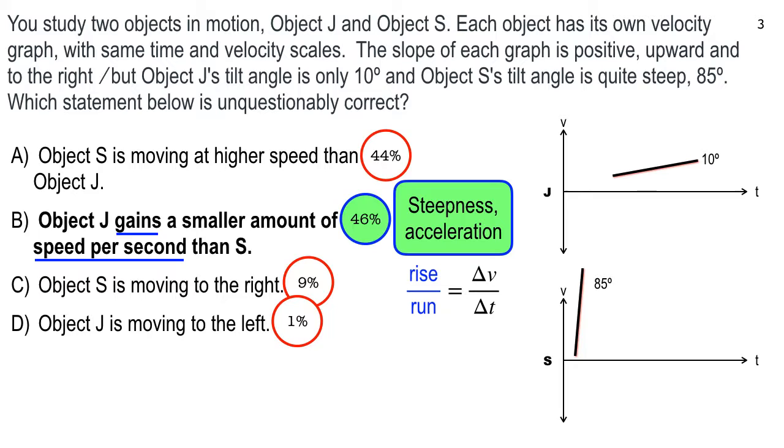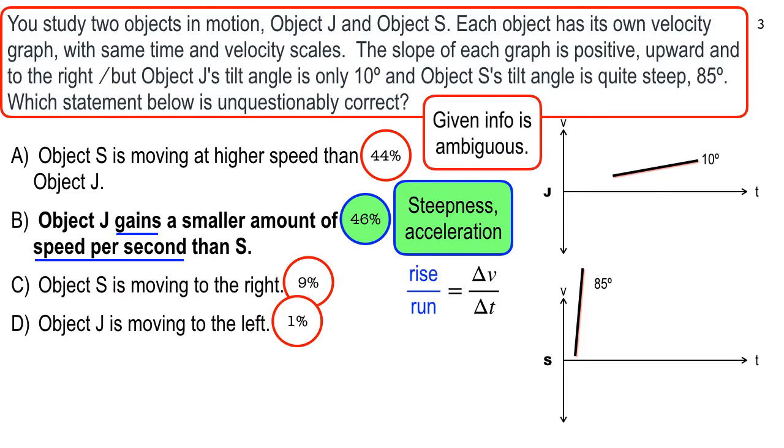All right. Now, let's look at the other ones. The other ones are false. And the reason that they're false is the given information in this upper box, the preamble to the question, it doesn't give you enough information to decide A, C, or D. So I call it ambiguous information.